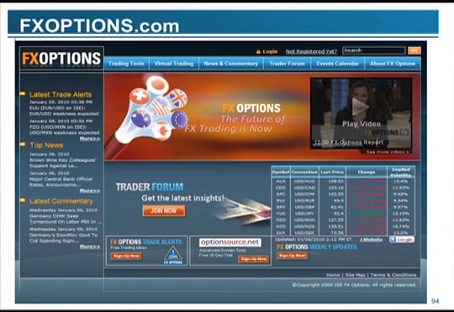Once you start to get these skew charts, they're going to be free, which is amazing, because when I was a trader on the floor, I would have died for these skew charts. We used to do this by hand. It was so laborious. Now you'll be able to go to fxoptions.com and get these skew charts.